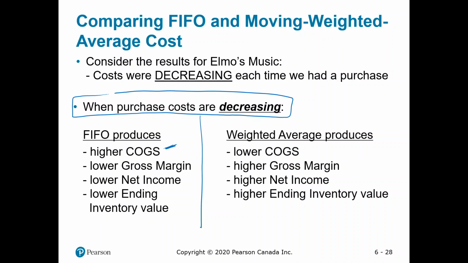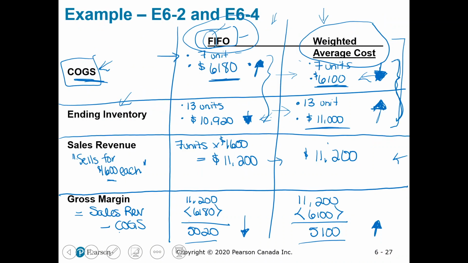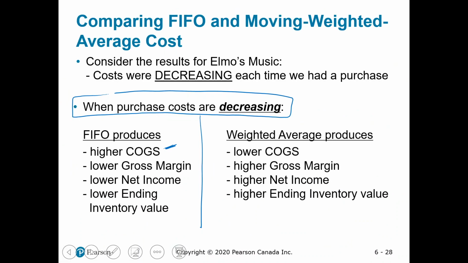When you have a higher cost of goods sold, as we see here, that means we're taking away more from the sales revenue. So we also have the lower gross margin. So a higher cost of goods sold results in a lower gross margin. And from that gross margin, we would take away the operating expenses, which would be the same under both systems.